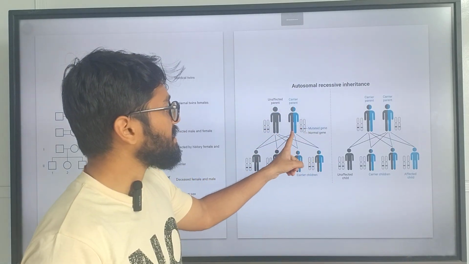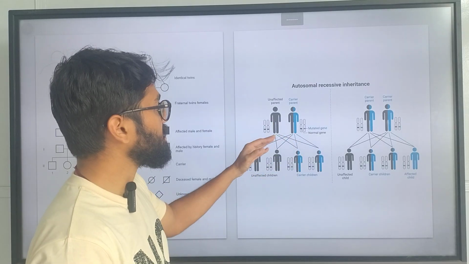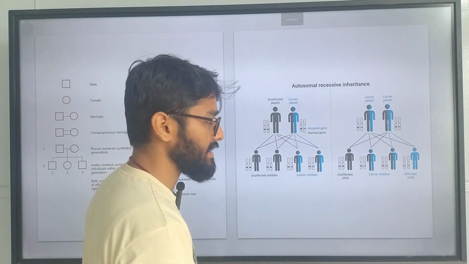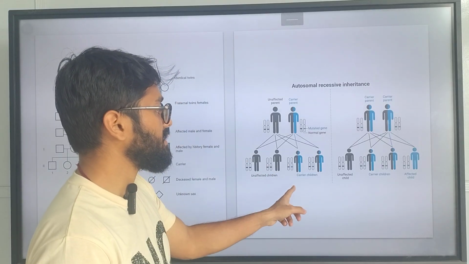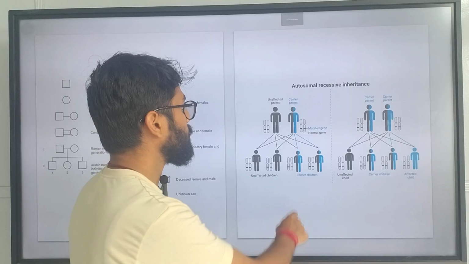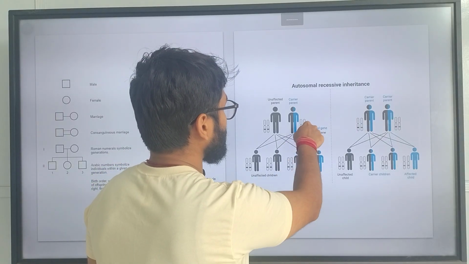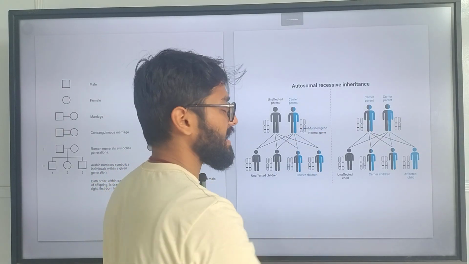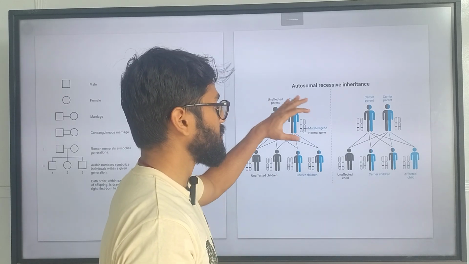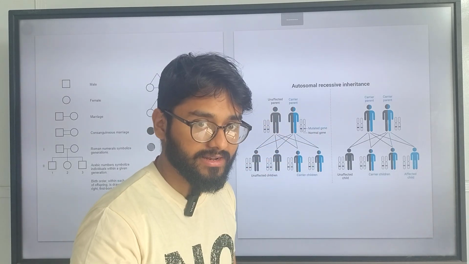And once they mate, there is a high chance or possibility that this will be inherited in the children of the subsequent generations, where one of those mutated genes will be transferred to the other, and as such they will always be affected.